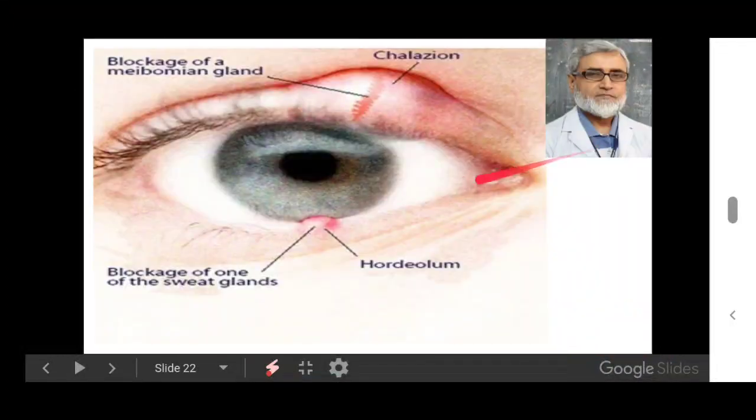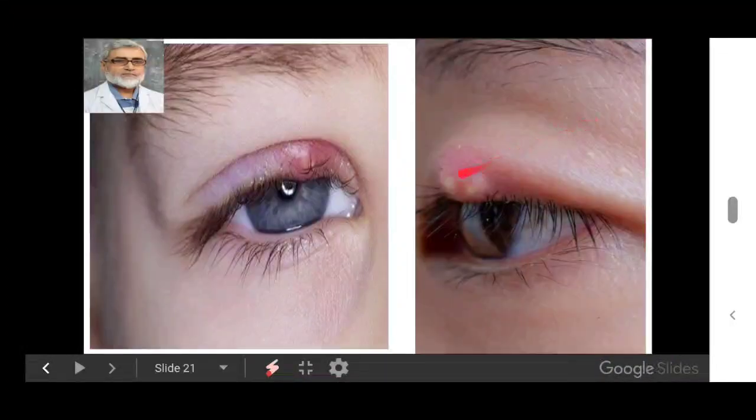See here, the yellowish part is infected, the whole eyelid is swollen, but here only the upper medial part, near the upper medial canthus, above the punctum, is swollen.